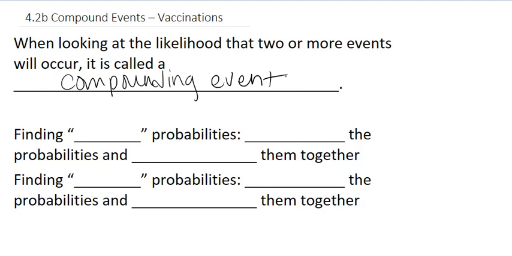So finding "or" probabilities, you find the probabilities and add them together. Finding "and" probabilities, find the probabilities and multiply them together.